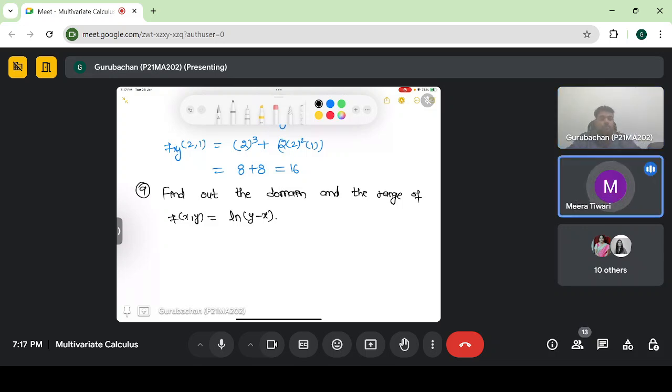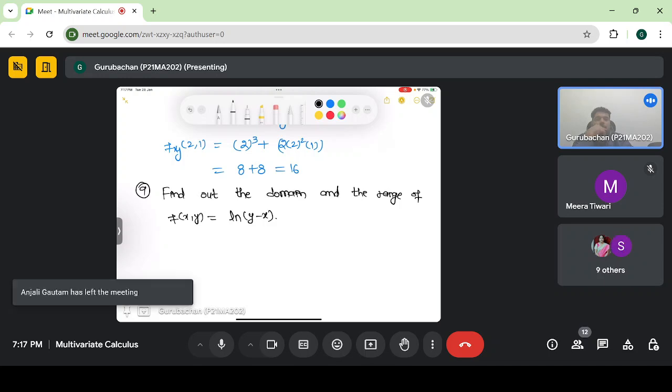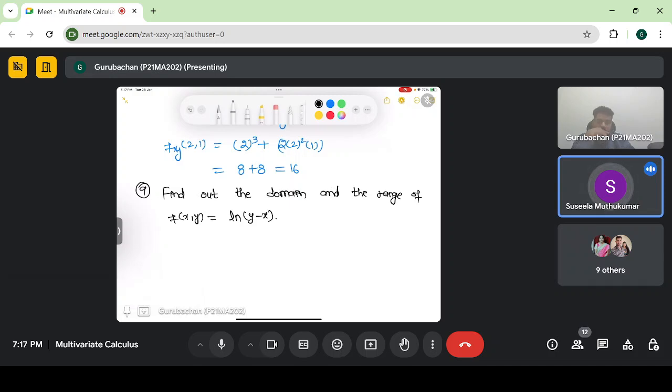Sir, y minus x should be positive and range is closed 0 to infinity. Any other answer? Set of all (x, y) in R2 such that y greater than x. Okay, and what will be the range?